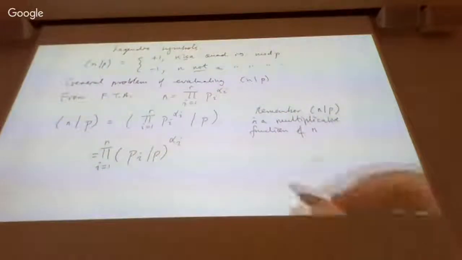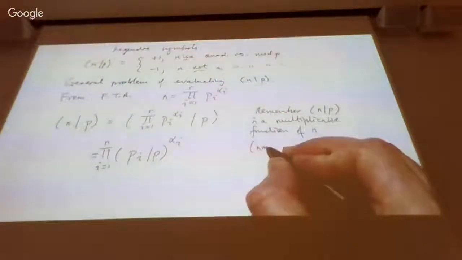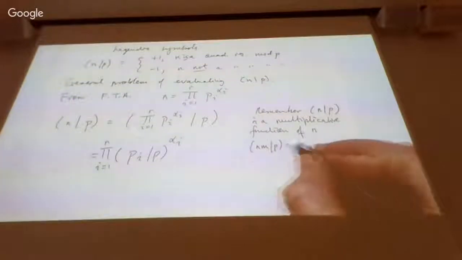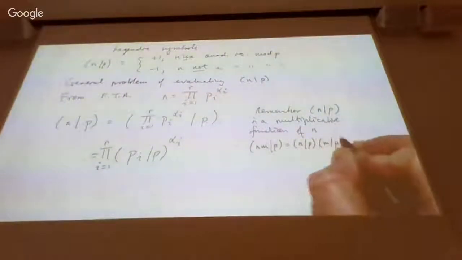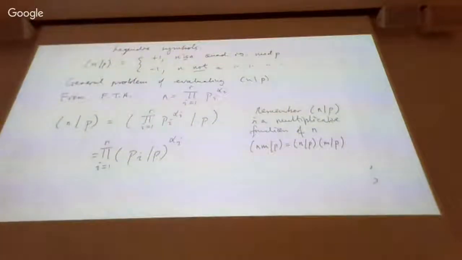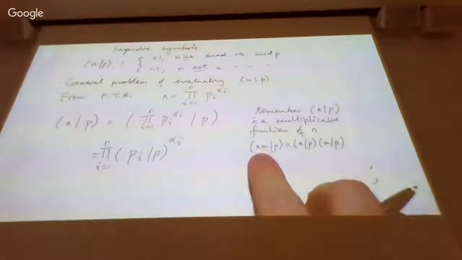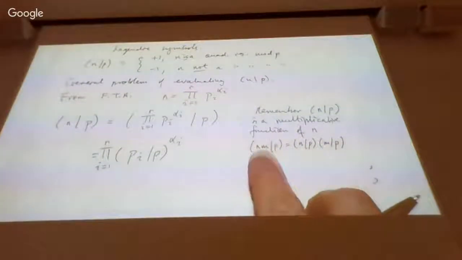At its most basic level, it just means that the Legendre symbol of n times m mod p is the product of the two Legendre symbols. That's what being multiplicative means. Sorry, it's completely multiplicative. In the number theory sense, remember we introduced before, multiplicative just requires that it only has to work when the two factors are coprime.